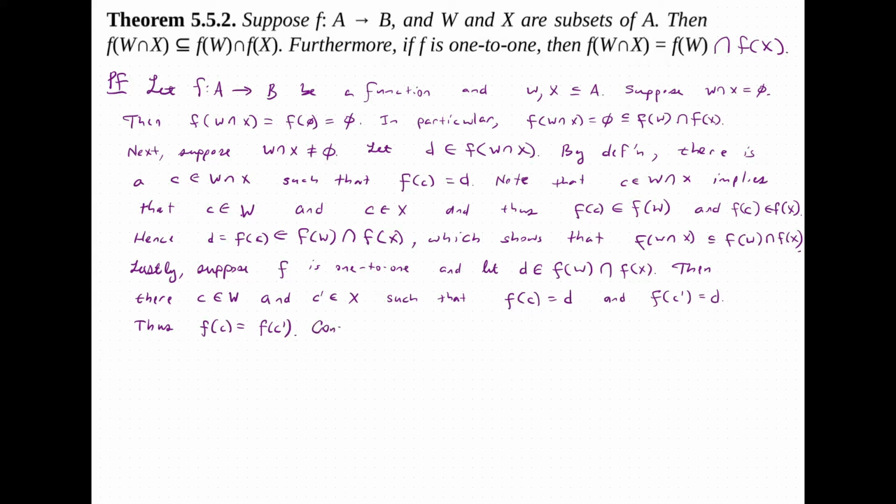And so consequently, c is equal to c prime since f is one-to-one. So c is in both w intersect x, since they're both the same element.